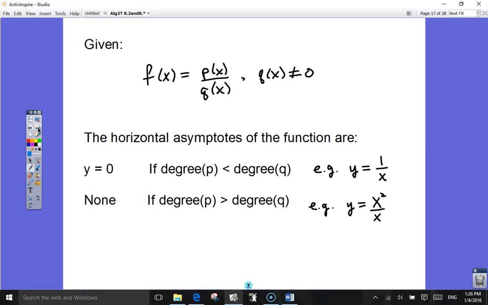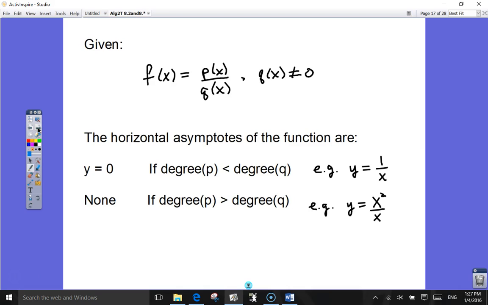That is a horizontal line right on the x-axis. That's the horizontal asymptote. Whenever the power of the denominator is more than the power of the numerator, y equals 0. If the degree of the numerator is more than the degree of the denominator, then it's like this. This is a simple example. Since the x squared is a higher degree than x to the first, then there is none.